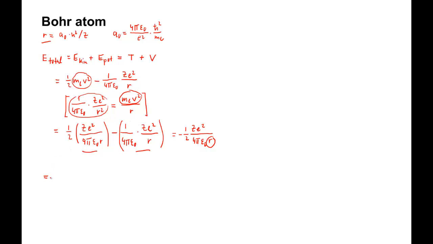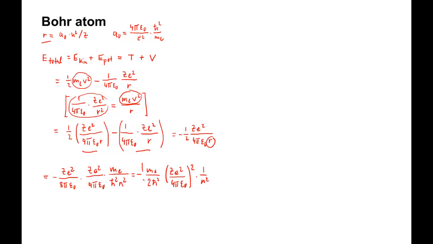We get minus Z e squared over 8 pi epsilon 0 times Z e squared over 4 pi epsilon 0 times me over h bar squared n squared, which simplifies to minus me over 2 h bar squared times (Z e squared divided by 4 pi epsilon 0) squared times 1 over n squared.